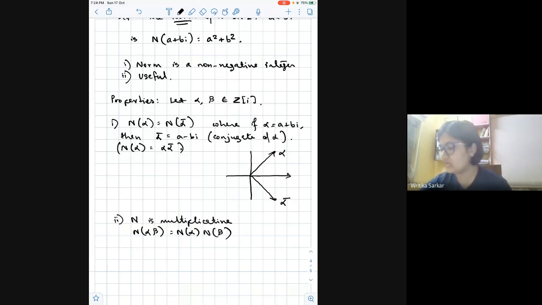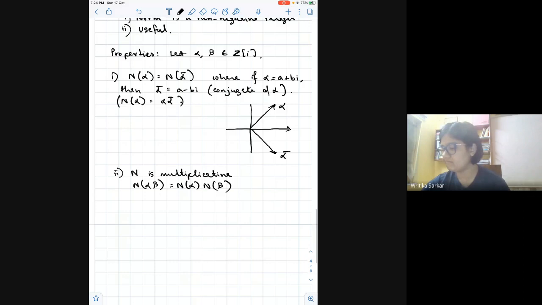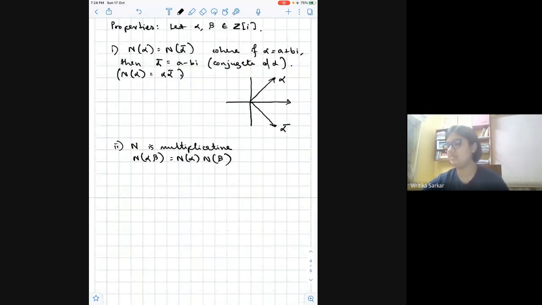Okay, so that's all the properties you have for the norms: the norm of the complex number is the norm of the conjugate, and the norm is multiplicative.